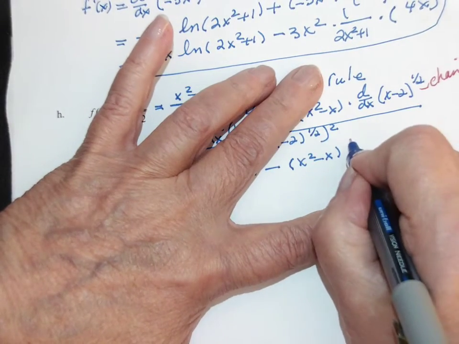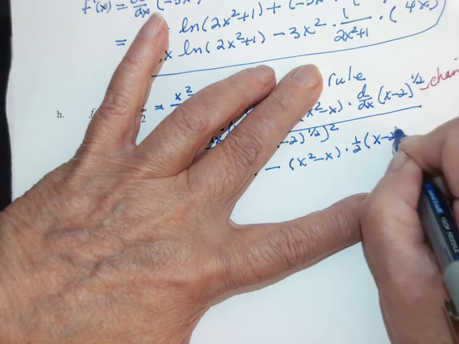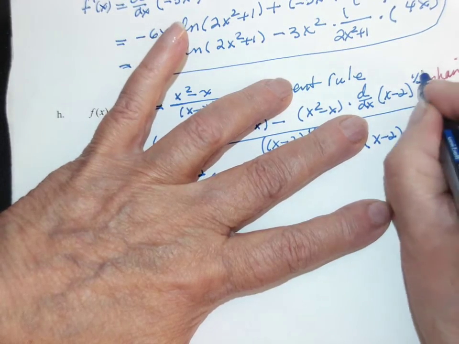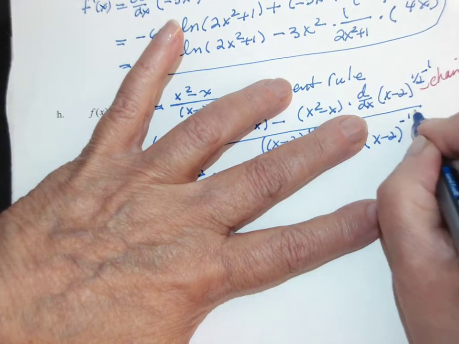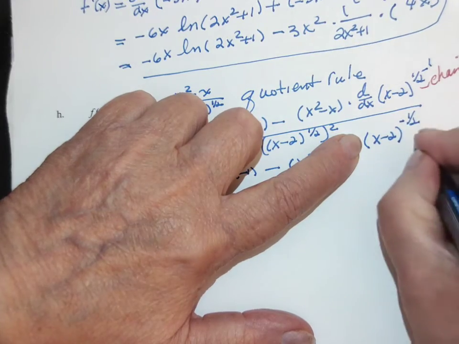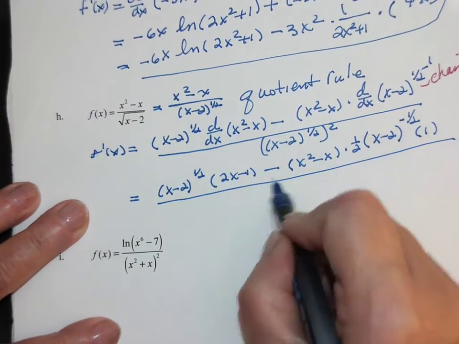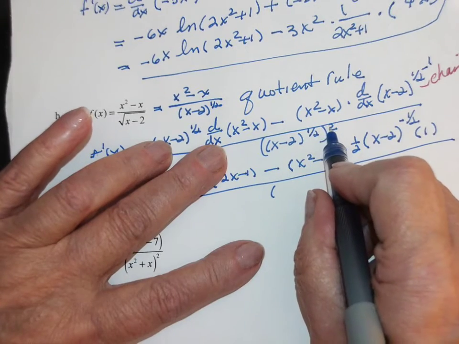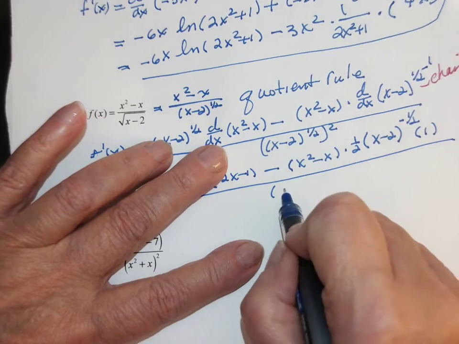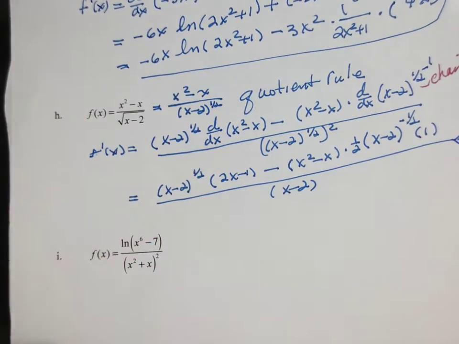So it's 1/2 times the blob to the subtract 1, negative 1/2. And I'm not going to put the notation in because the derivative of the blob is just 1, because I don't have the space. So 2 times 1/2 is just 1. And that's where you are. That's it.